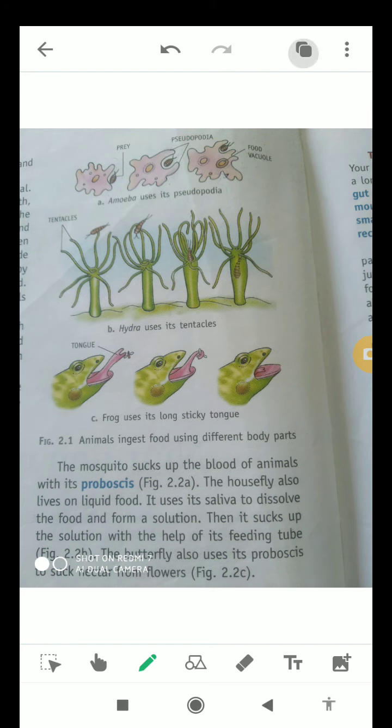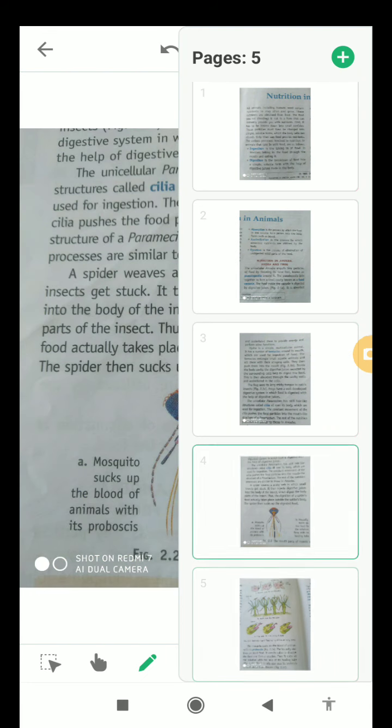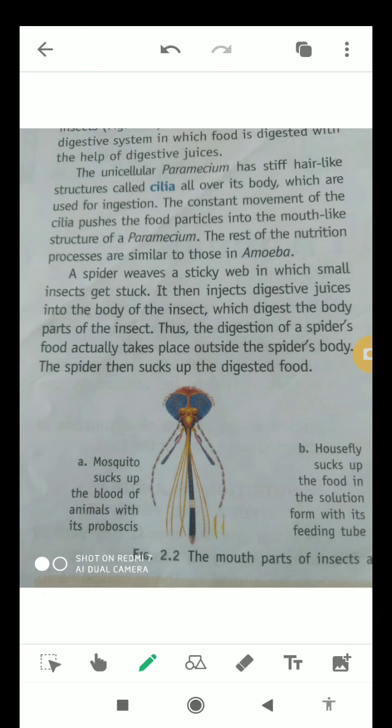Okay, students. Now we'll talk about the nutrition in spider. Spider weaves a sticky web in which small insects get stuck, so it forms a web-like structure in which the insects can be trapped. It then injects digestive juices into the body of the insects, which digests the body parts of the insect.